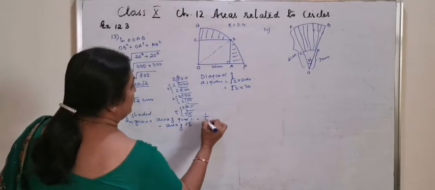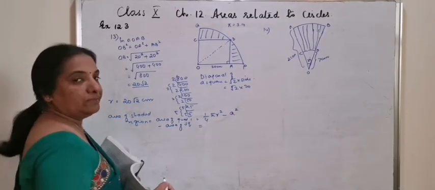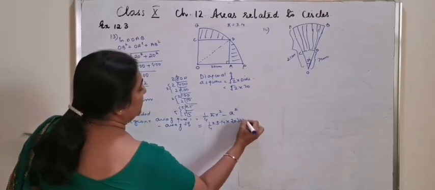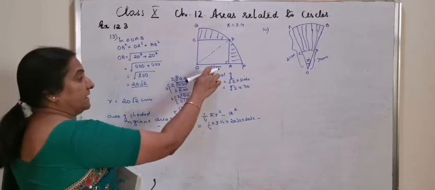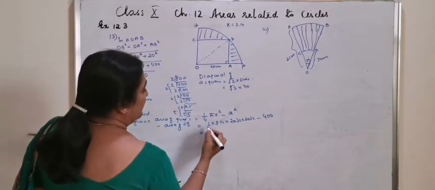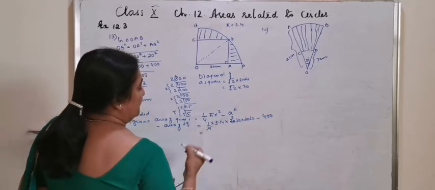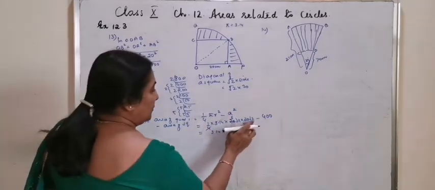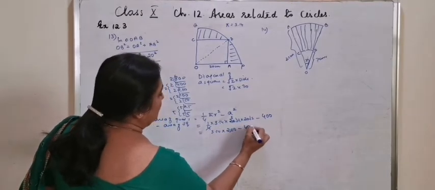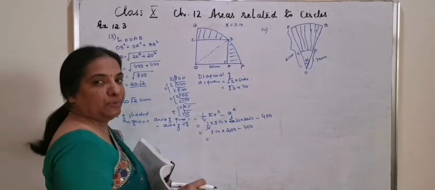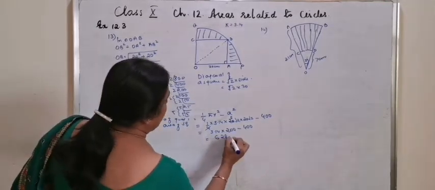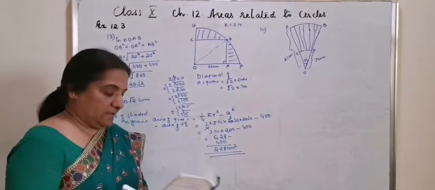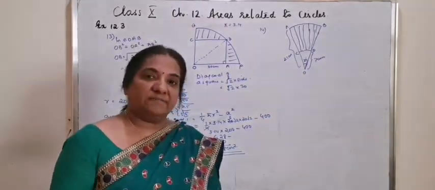Area of quadrant formula is 1 by 4 pi r square minus a square. 1 by 4, 3.14 into, the radius is 20 root 2, 20 root 2 into 20 root 2 minus, the side of the square is 20, so it is 400, or 4 and 20 is 5, then 3.14 into 20 into 5 is 100, root 2 into root 2 is 2, so 200 minus 400, that is 3.14 into 2 is 6.28, with multiplication by 100 it is 628 minus 400, or 228 centimeter square.